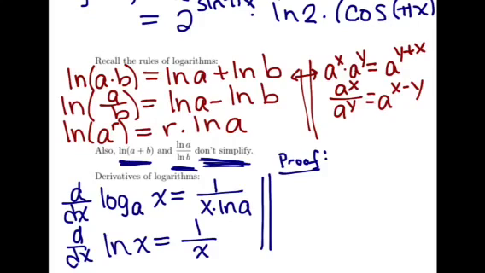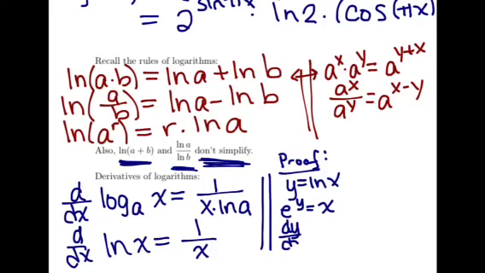Another thing you can do is follow along here. If y equals ln of x, then e to the y is equal to x if you take e of both sides. Then we take the derivative of this using implicit differentiation, which we haven't actually studied yet, but we'll see soon.